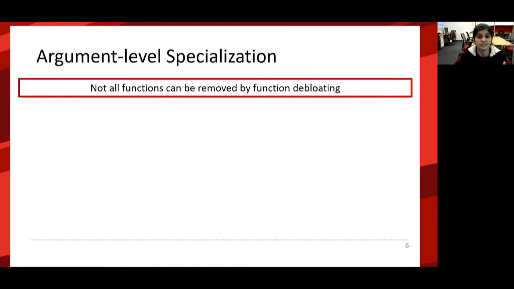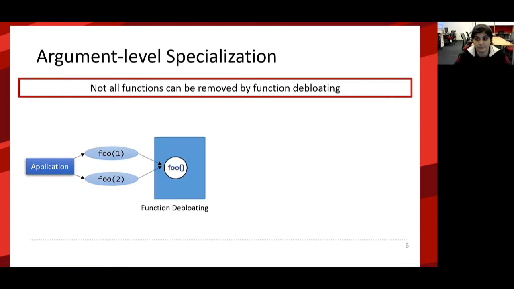We thus further extend the impact of debloating by restricting arguments that are passed to these critical functions which cannot be reduced. Here in the application, we have two instances of function foo being called. Even with function debloating, an attacker's call to the same function foo would be successful. With argument specialization though, function foo is specialized.